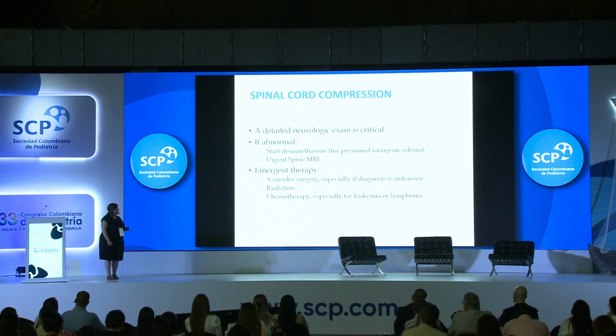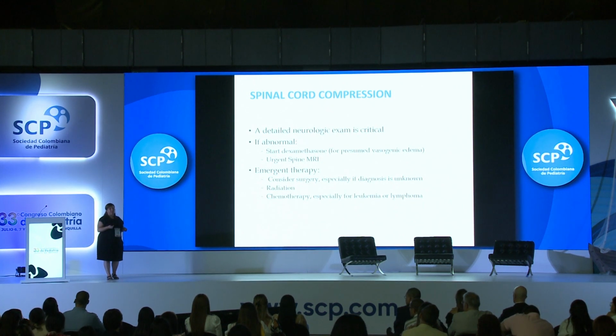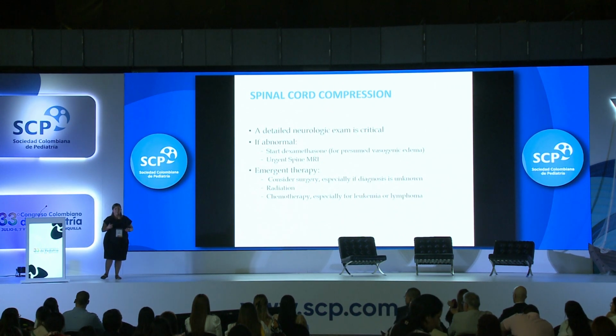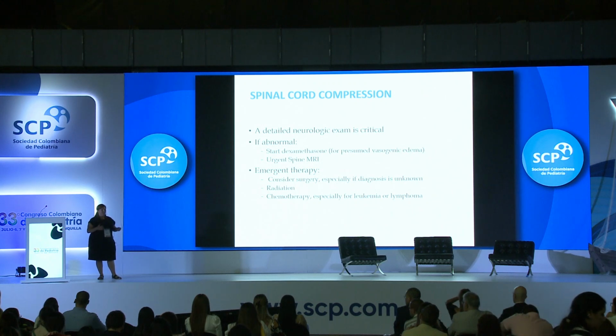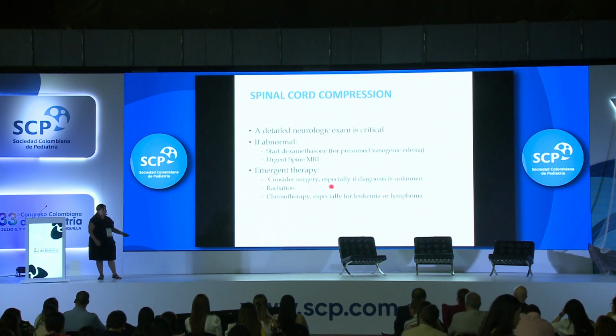If that neurologic exam is abnormal, we start steroids, dexamethasone, for presumed vasogenic edema. And then we also get an urgent or emergent spine MRI as soon as possible to find out what we're dealing with so that we can then address it. Emergent therapy to help decrease it outside of steroids alone is really dependent on the type of tumor that we're worried about.